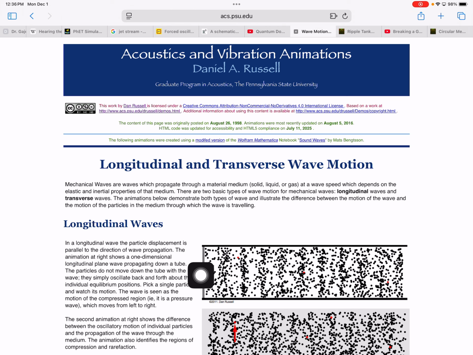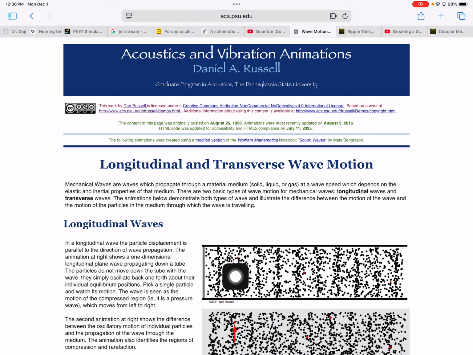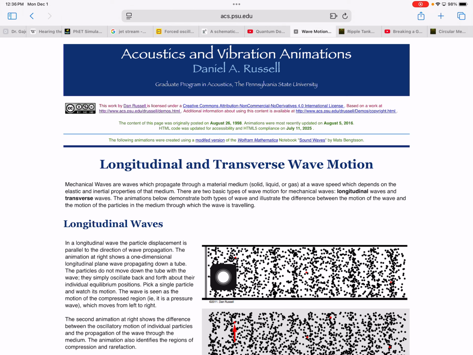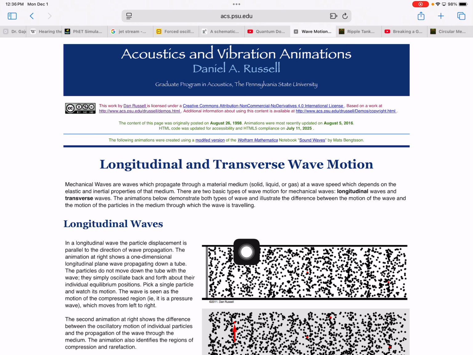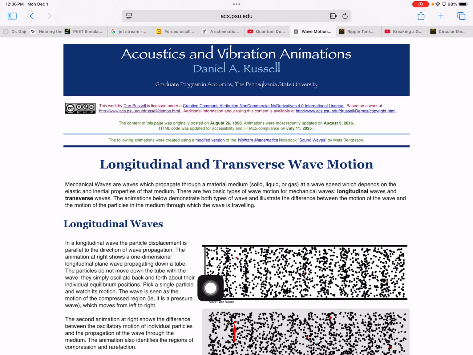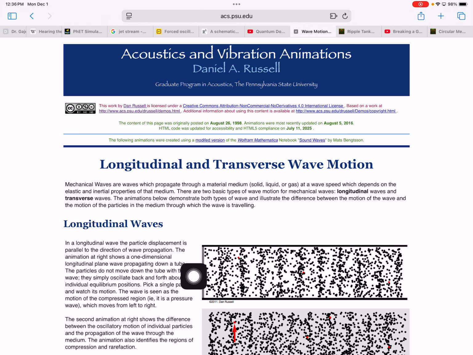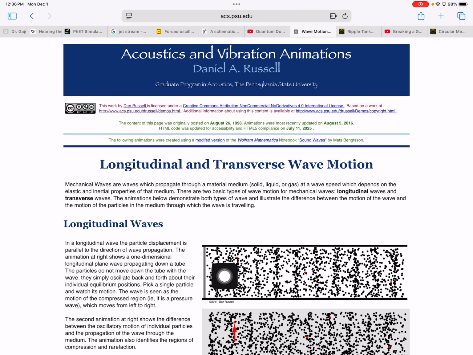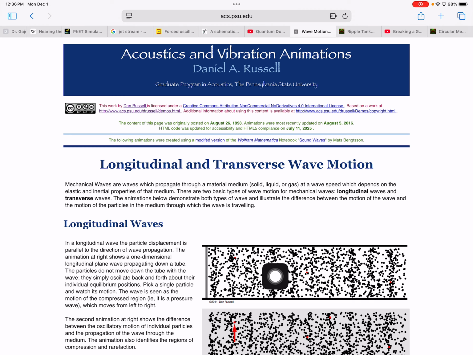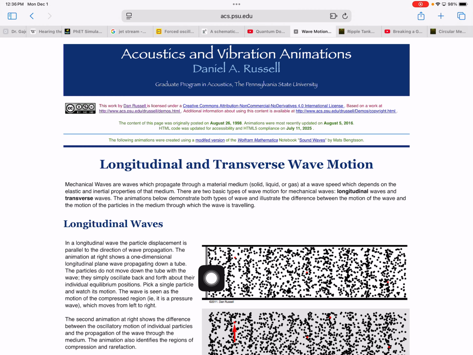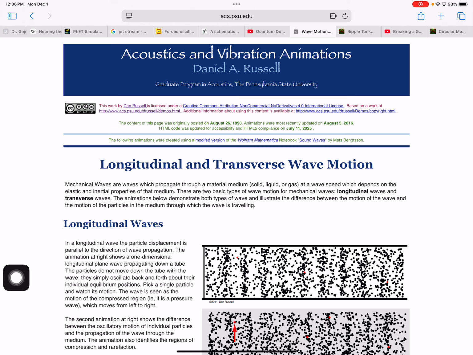And what this will do is it'll create sound waves. So this is illustrating a diaphragm in a cylinder. And as you wave this back and forth, it creates sound waves that have the same frequency as the frequency of oscillation of this object.